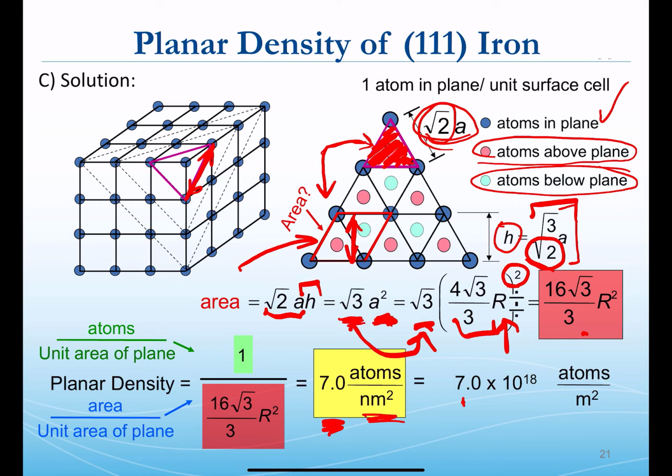To give you a better feeling, if you had a meter squared of this plane exposed, about the area of maybe your desk, we were talking about still a very small number of atoms, not even a mole of atoms exposed on that surface. Okay, so those are some calculations we can do now that we know things about naming directions and planes and points within a unit cell lattice, and that should help you with your homework.